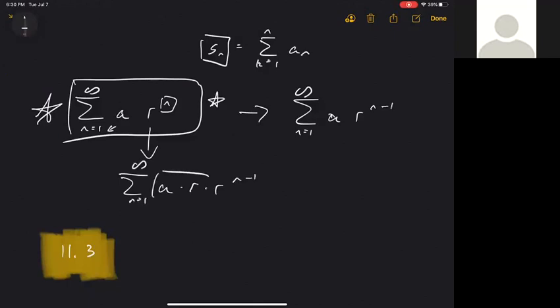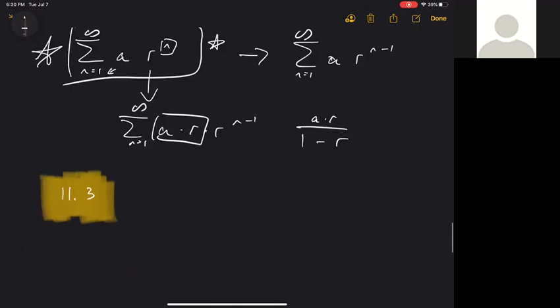And now we just consider this as our new a. So the sum of this series would be a times r over 1 minus r, right? Okay, so a nice little trick to play with the power of our geometric series to make it match the form we need for our formula. Okay, any questions on that?